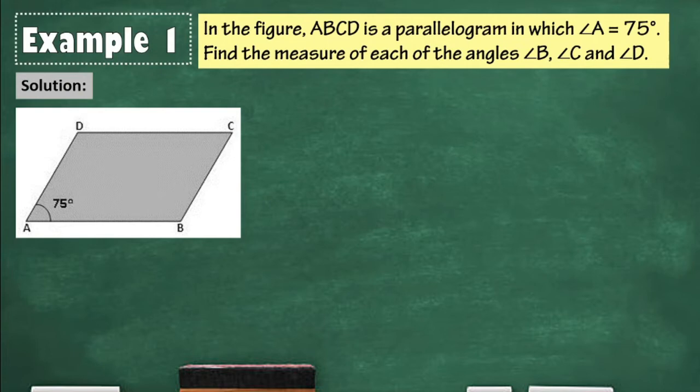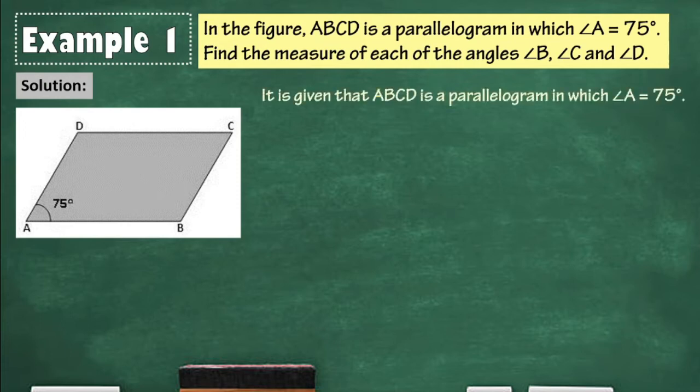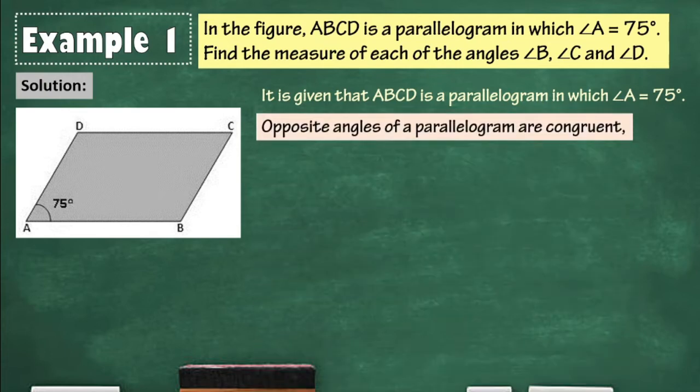For number 1, in the figure, ABCD is a parallelogram in which angle A is 75 degrees. Find the measure of each of the angles B, C, and D. It is given in the problem that angle A is 75 degrees. So in the figure, we have labeled angle A as 75 degrees.